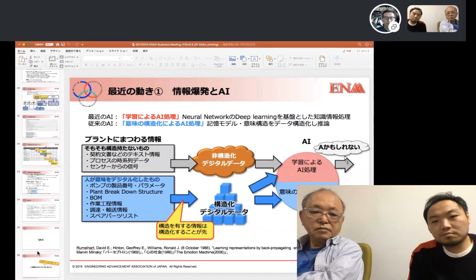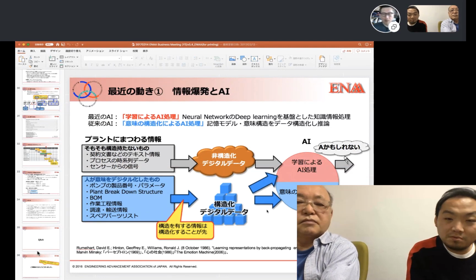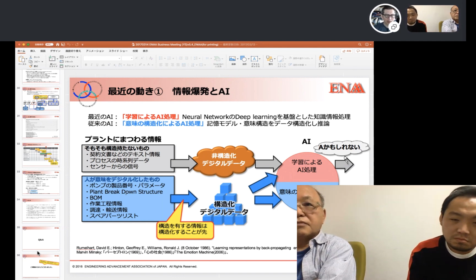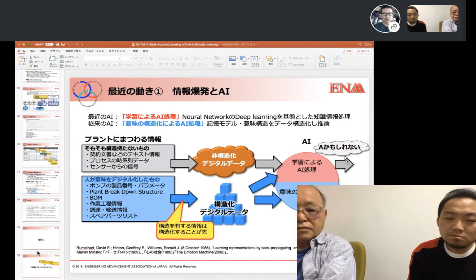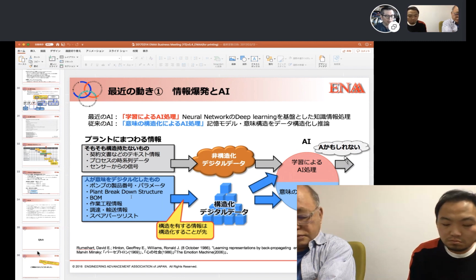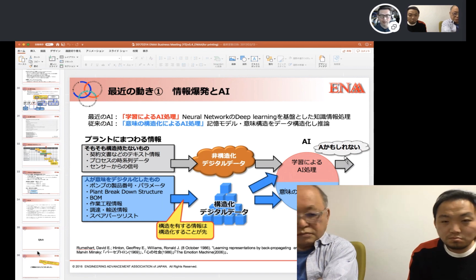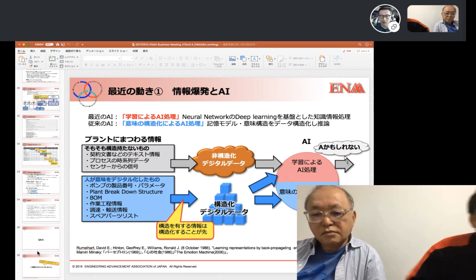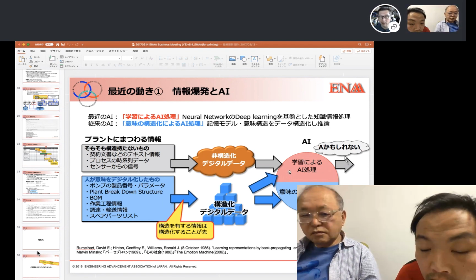Now we go back to this. I explained the movement about how to structure data, the reusability, and the digitized information under the digital transformation. Once we succeed in restructuring our data, that information can be handled by explicit AI technologies rather than machine learning AI technologies.